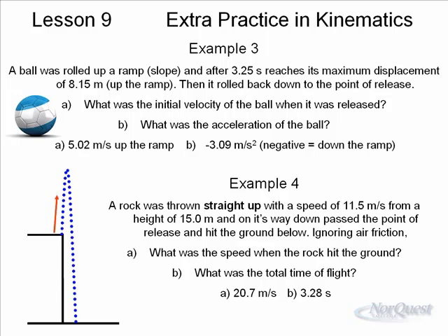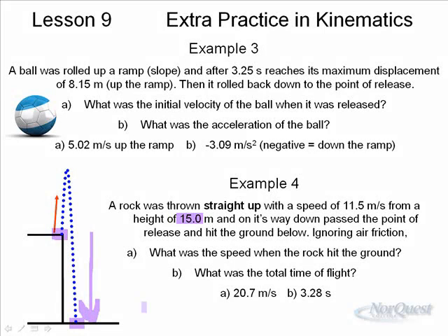You also know, and this is an important idea, that the displacement is 15 meters from the point of release, which is right here, to the point where it lands, which is right here. That displacement from the start to the end is 15 meters. Which way?